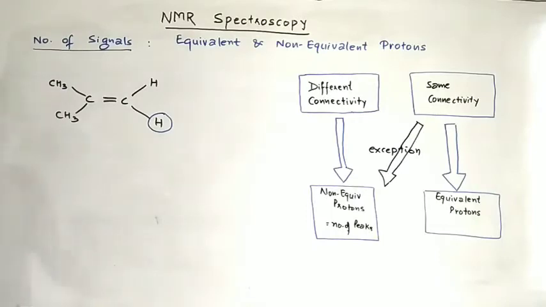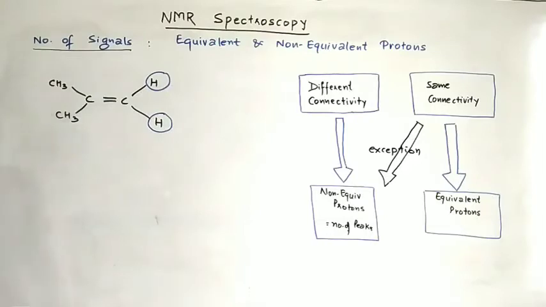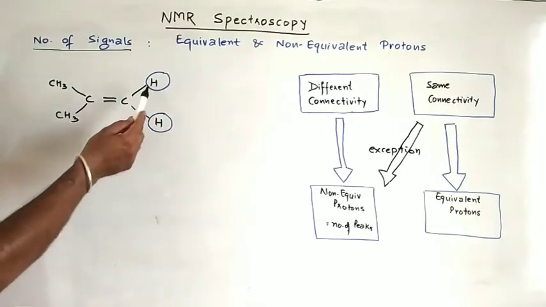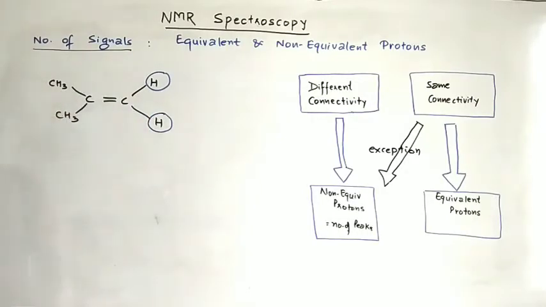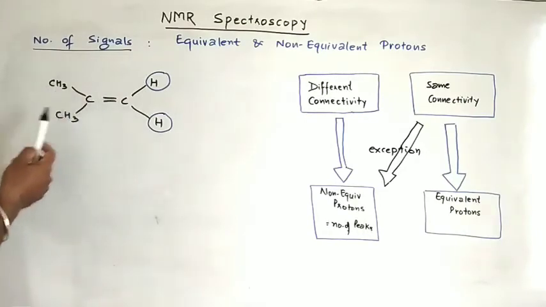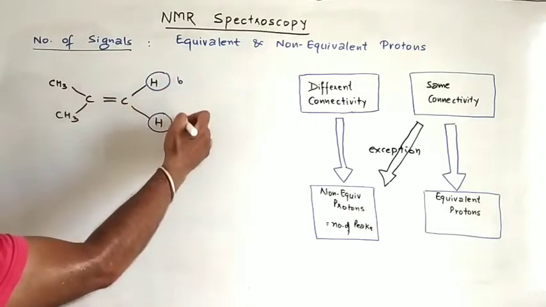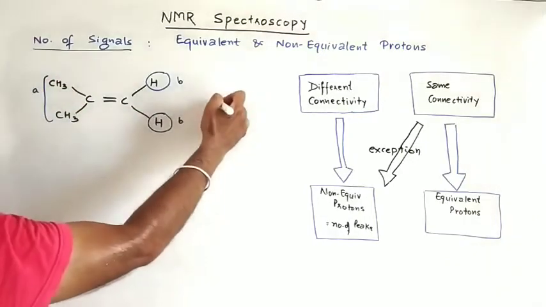If we see the environment, this proton is cis to this and trans to this. It means both have the same environment. If you see the connectivity, this proton is connected to carbon, which is connected to carbon-carbon double bond and 2 methyl. Same for this proton, it is connected to the same carbon and then carbon-carbon double bond and 2 methyl. Connectivity is the same, as well as environment is also the same. It means both these protons are equivalent. So right here B and these 6 protons, they are equivalent. It will give 2 peaks.